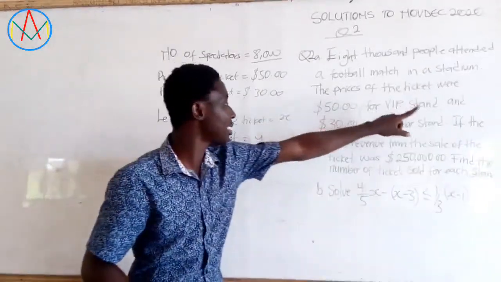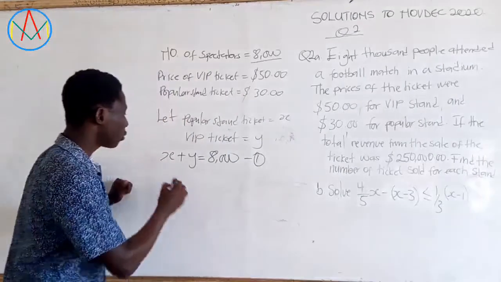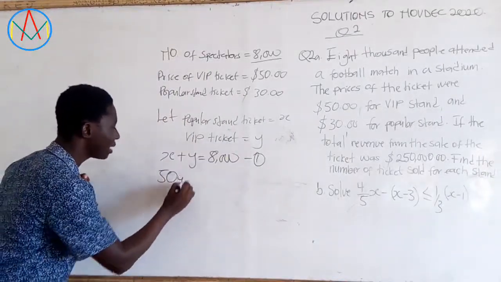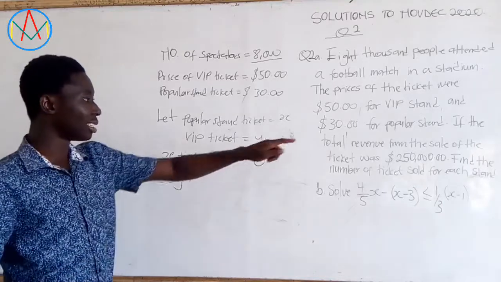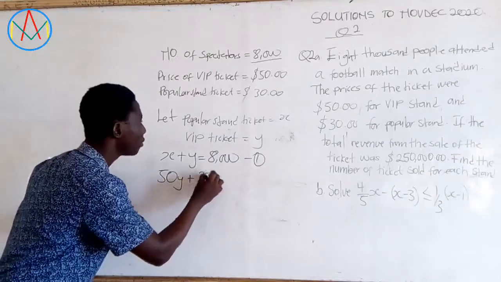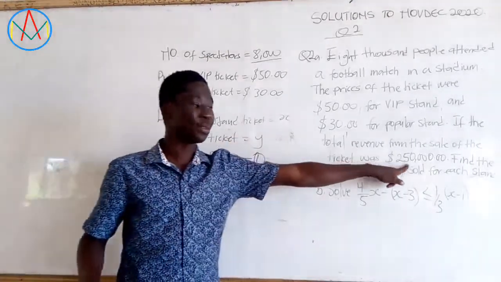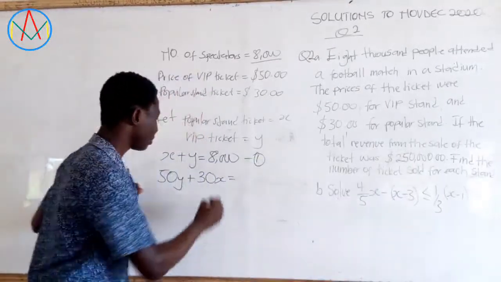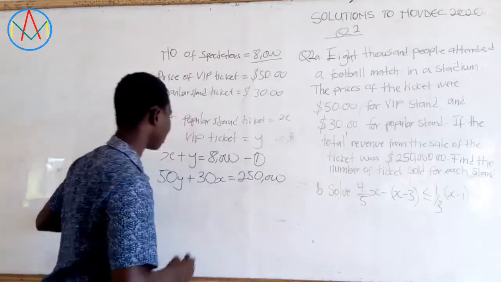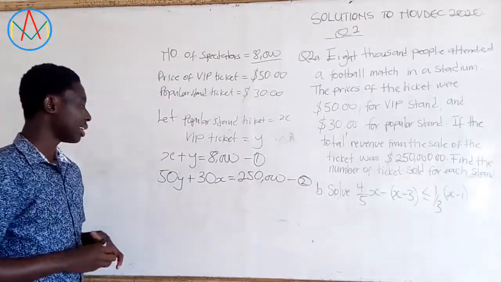The prices of the tickets were $50 for VIP stand, which means 50Y, plus $30 for popular stand, 30X, is equal to $250,000. So this becomes our equation 2.